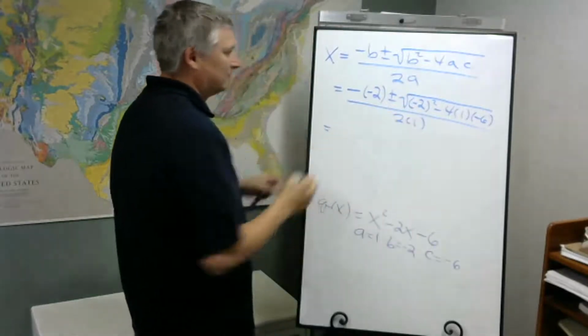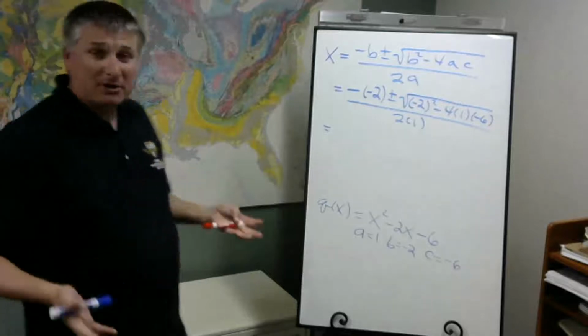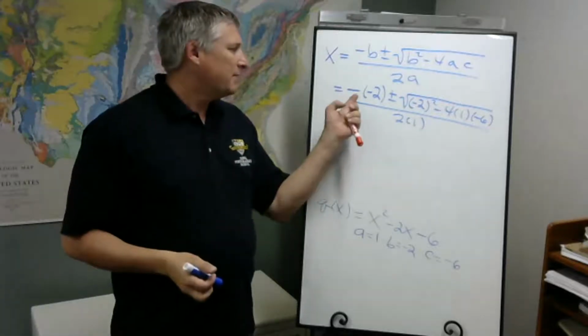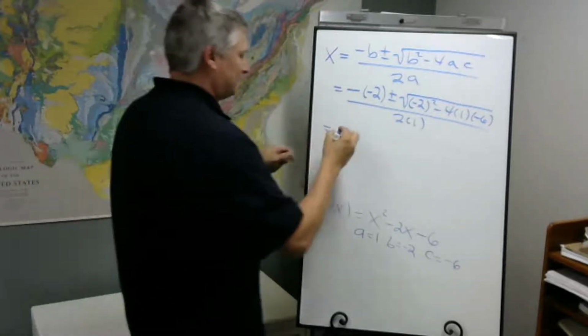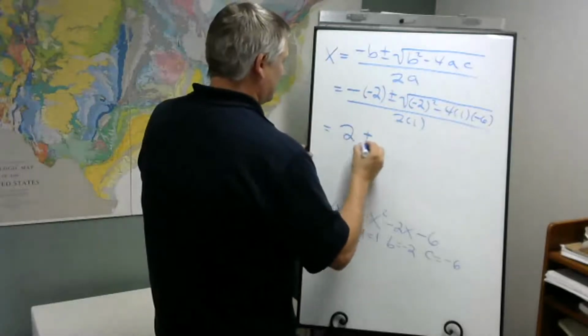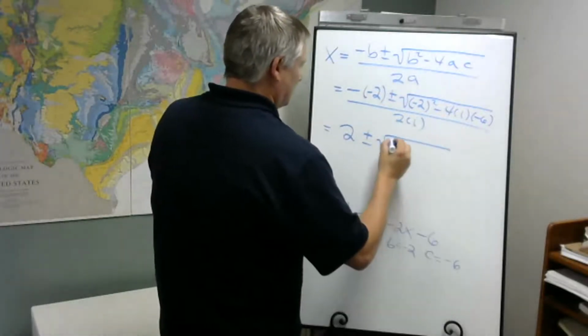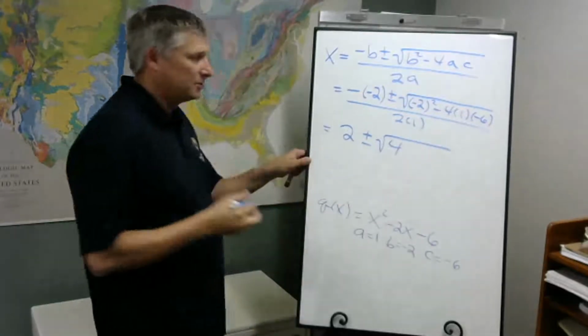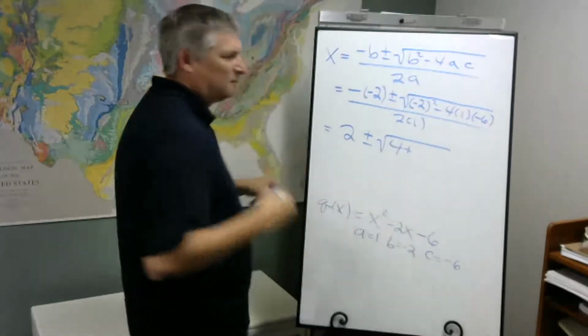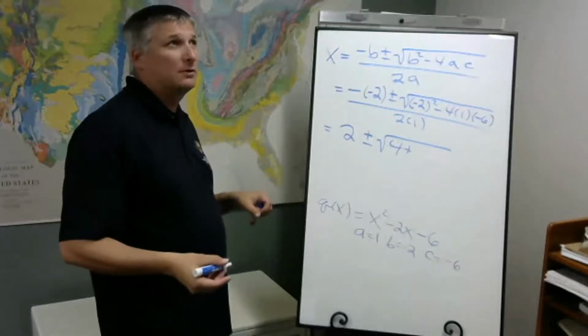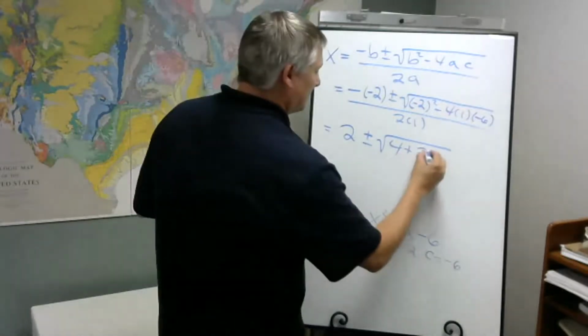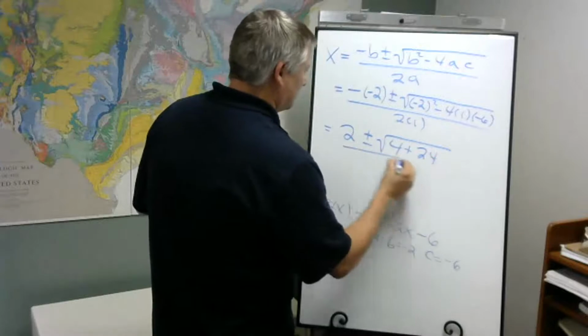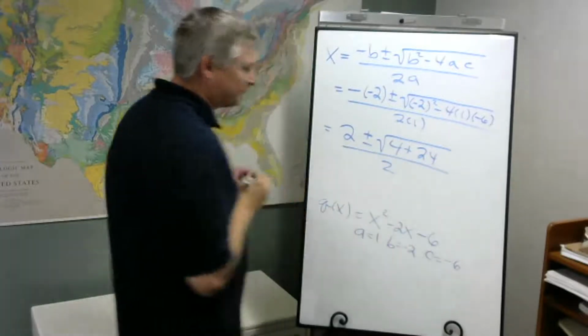So now we're going to simplify this. Negative negative is positive 2. We get 4. Minus times minus is going to be a plus, so this will be a plus here. Then 4 times 1 times 6 is 24, over 2.